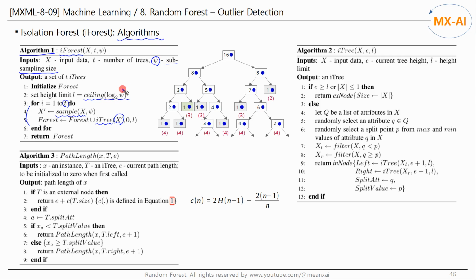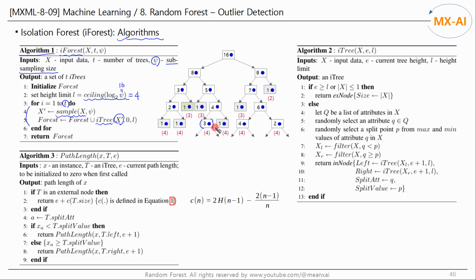If the subset size is 16, the maximum tree depth is 4. For example, we can build a tree with a depth of 4, as shown here. As you can see, some leaf nodes still contain multiple samples.